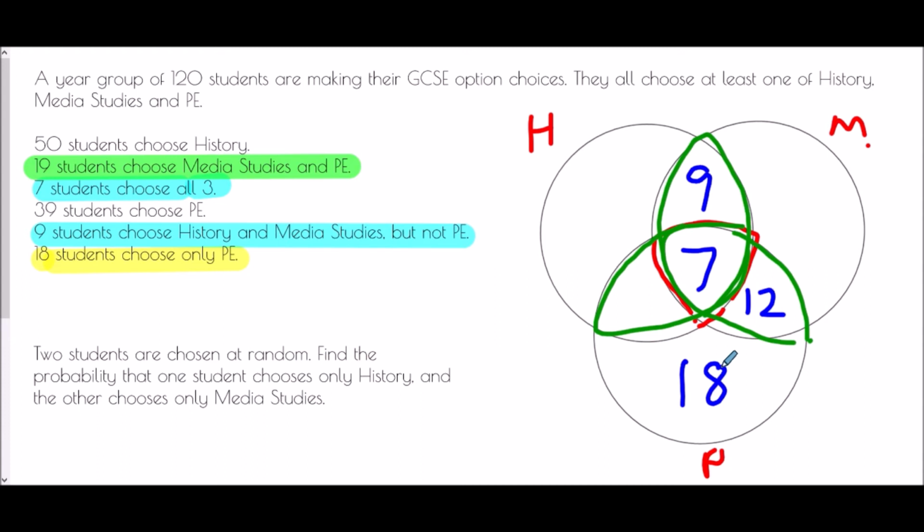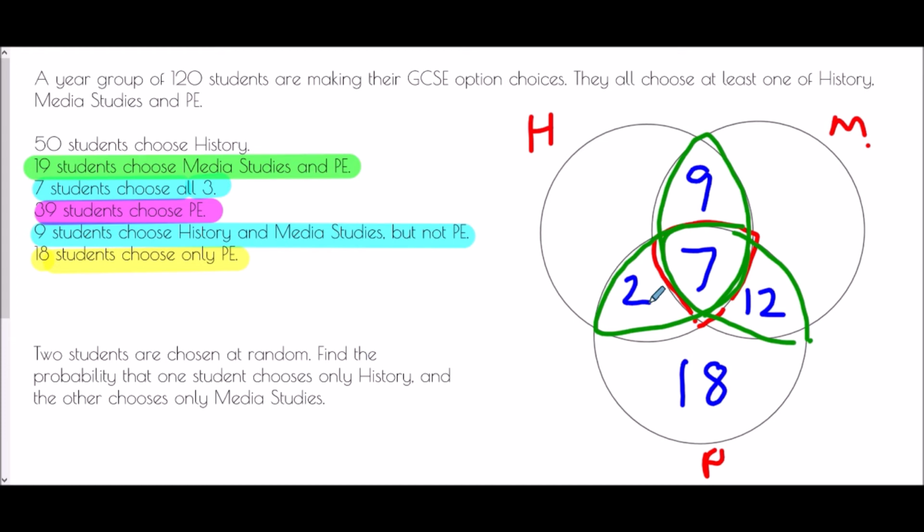And the last piece of information there, if we just go to the 39 students who choose PE, well, let's have a look at how many students we currently have in the PE circle. We have 18 plus 12 is 30, plus 7 is 37, which means we have 2 people left who must have taken history and PE.